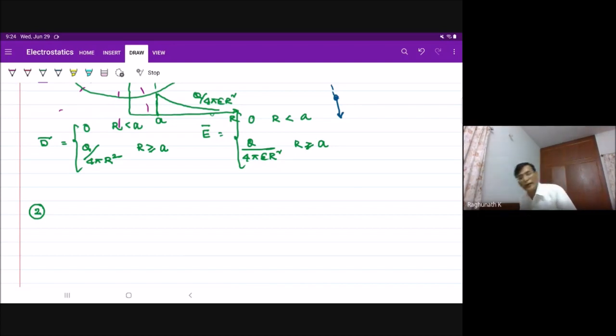single charges only, let us look into. Suppose, not possible of course, suppose, a hypothetical case totally, a stable volume charge of this shape is very difficult to get.